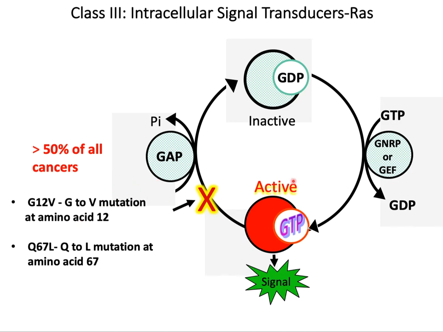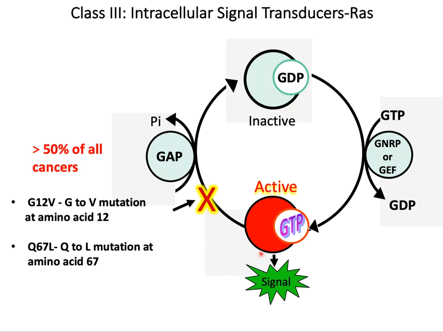When you have a G12V mutation, you abolish the intrinsic GTPase activity of the RAS. So if the RAS does not have the GTPase activity, it can never hydrolyze the GTP to GDP, which means it is always on.